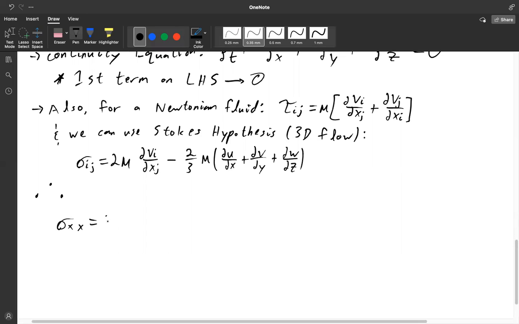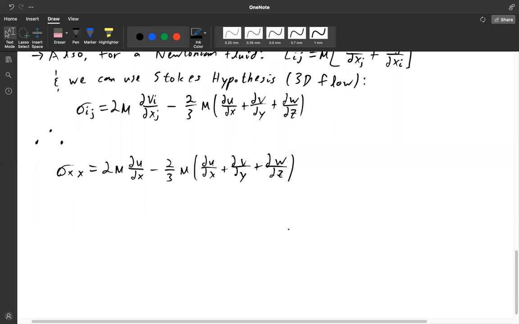Sigma xx equals 2 mu partial u partial x minus 2/3 mu times partial u partial x plus partial v partial y plus partial w partial z. For sigma yy, 2 mu partial v partial y minus 2/3 mu times partial u partial x plus partial v partial y plus partial w partial z.